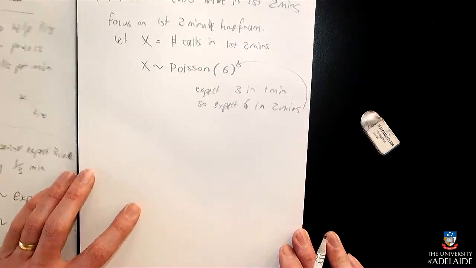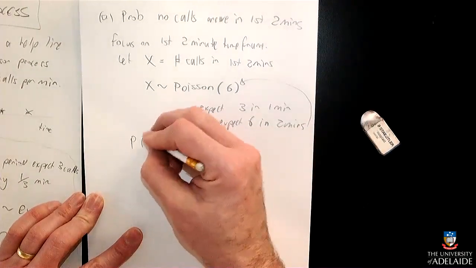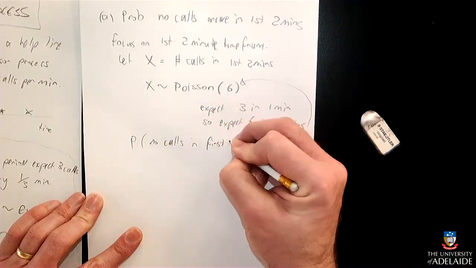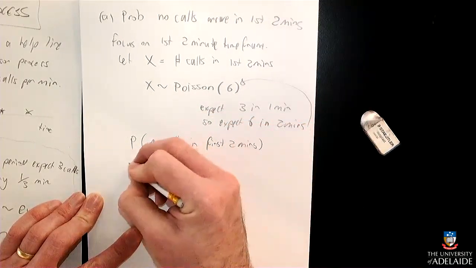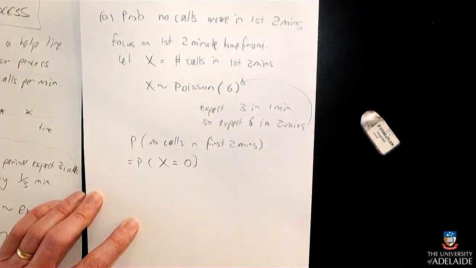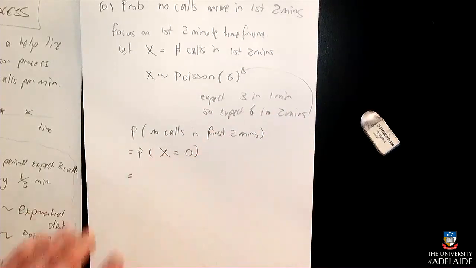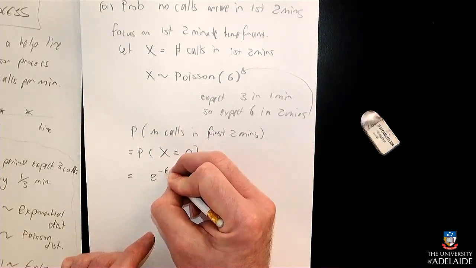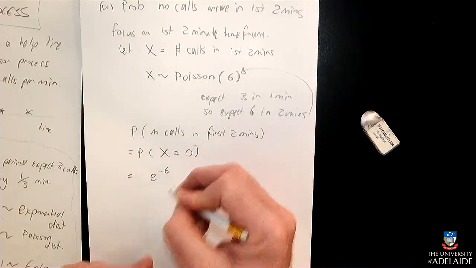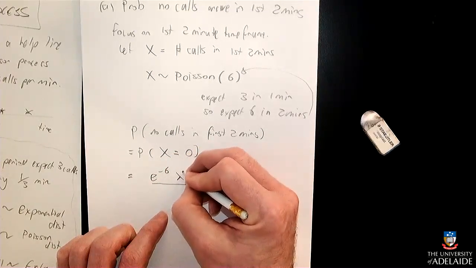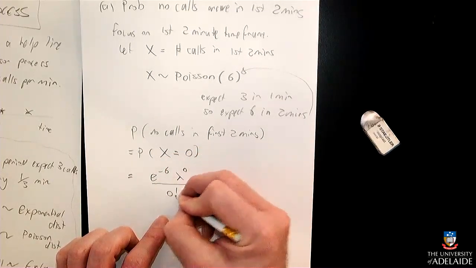Okay. So the probability that no calls in the first 2 minutes is the probability that the number x of calls in the first 2 minutes is 0, which according to a Poisson distribution is e to the minus lambda times lambda to the x over x factorial.